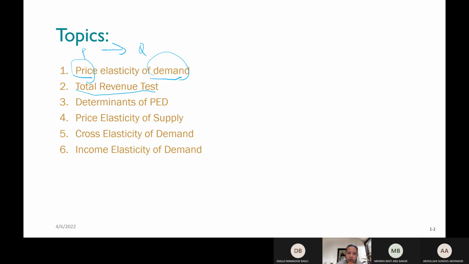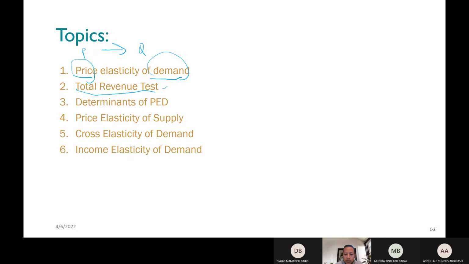This is quite interesting because, for example, you can imagine if you are a restaurant owner and you want to set the price of the food that you sell. There is the consideration of elasticity that can be calculated through the total revenue test.